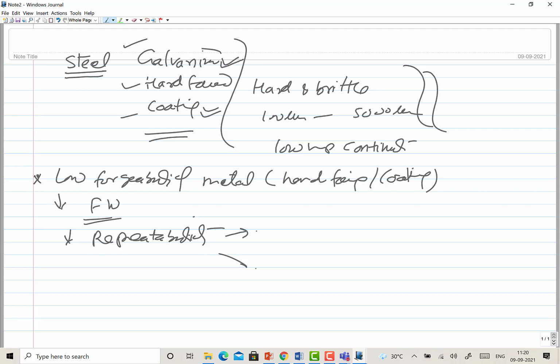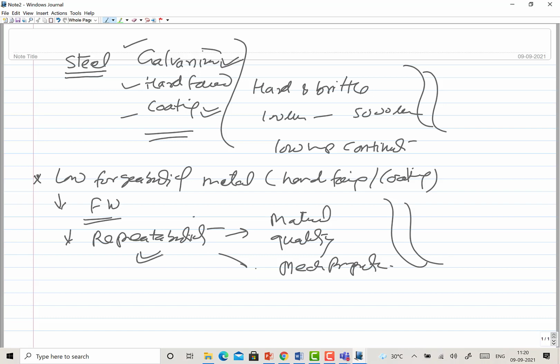Why is this reduced? Because you may come across different types of coating materials of different quality and different mechanical properties. So there can be a lot of inconsistencies in the coatings, in terms of thickness, quality, material and mechanical properties, etc. So there can be issues related to the repeatability of the soundness of the weld joint.